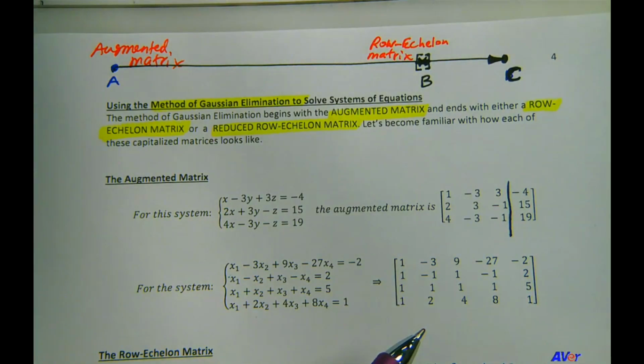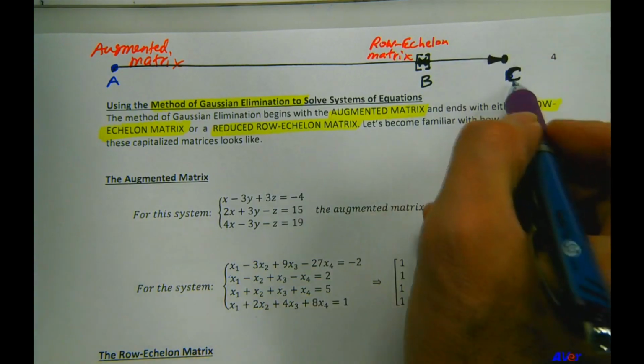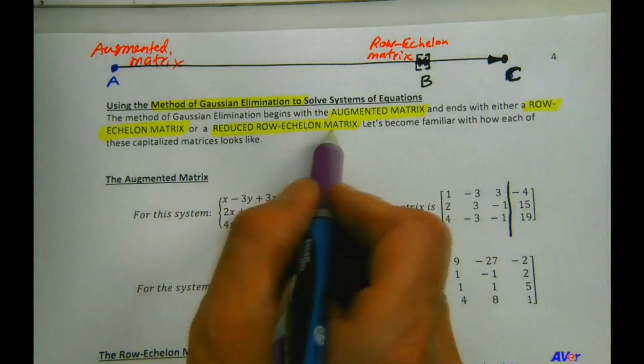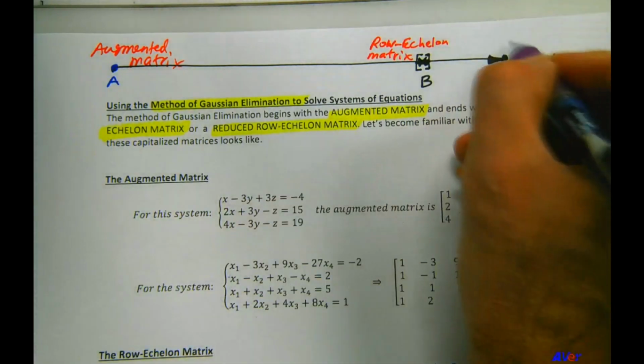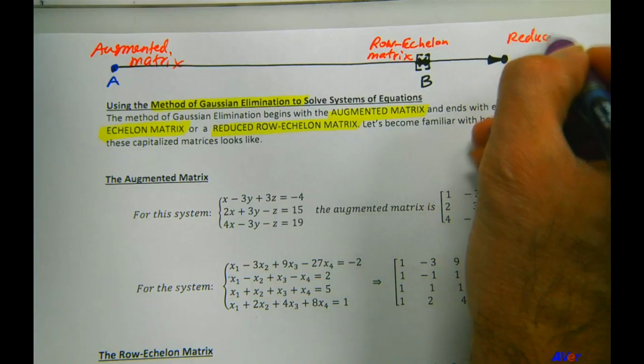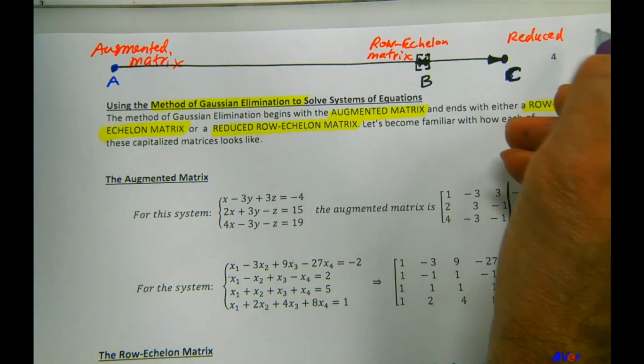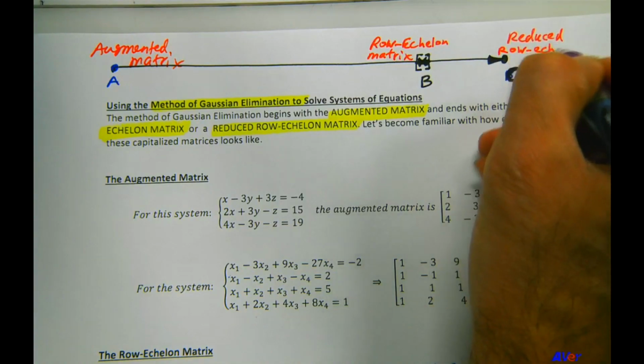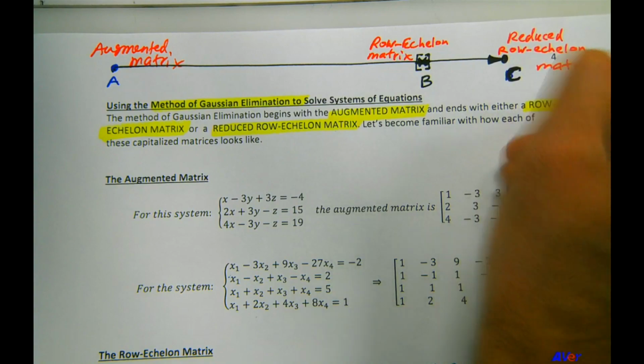That's my goal. Then this destination C is the reduced row echelon matrix.